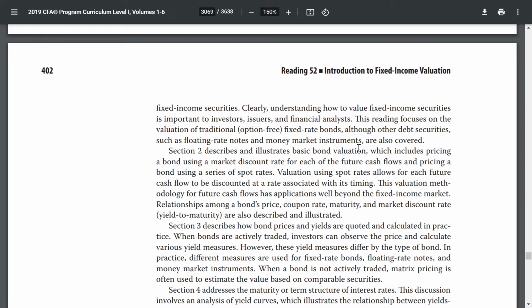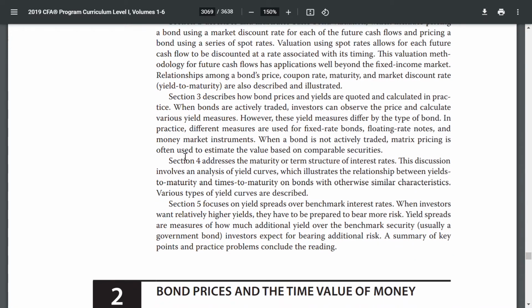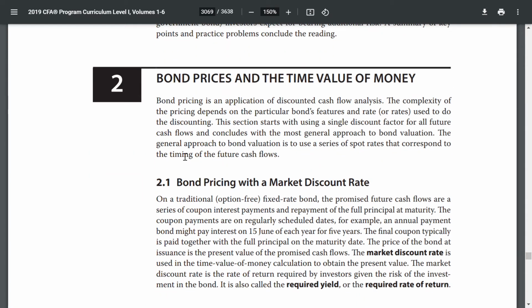This reading focuses on the valuation of traditional option-free fixed-rate bonds, although other debt securities such as floating-rate notes and money market instruments are also covered. Section 2 discusses bond prices and the time value of money. Bond pricing is an application of discounted cash flow analysis.